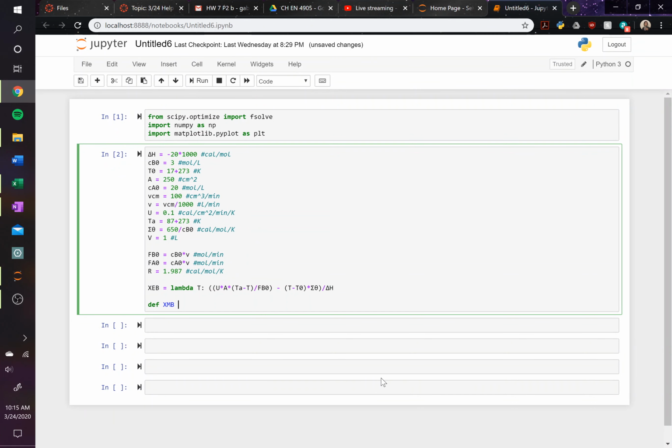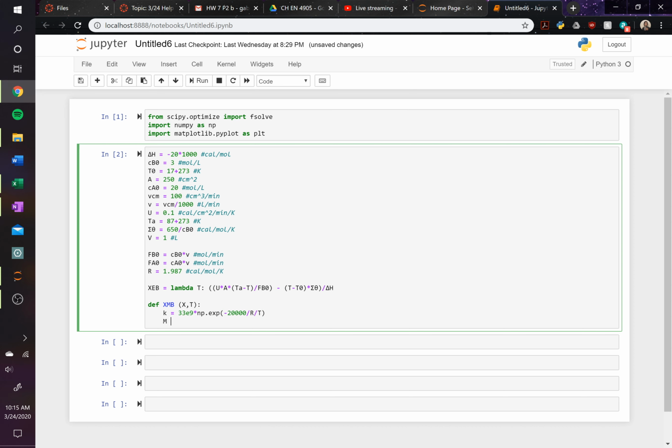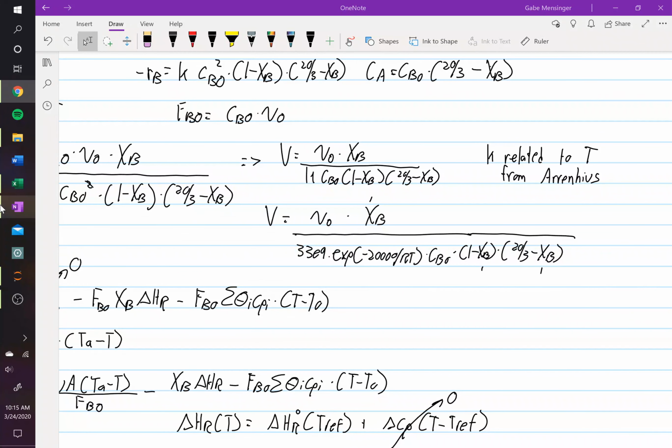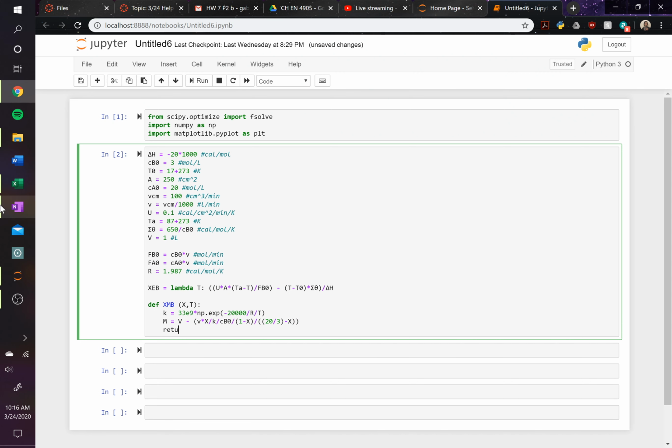So I've got my mass balance in terms of X and T. I've got K is equal to, and I'm just putting in what was given for K. And remember, I'm putting it in residual form, so V minus the left-hand side, which we had as V times X over K over CB naught over 1 minus X, capital X, over 20 over 3 minus X, capital X. And we're going to return M.